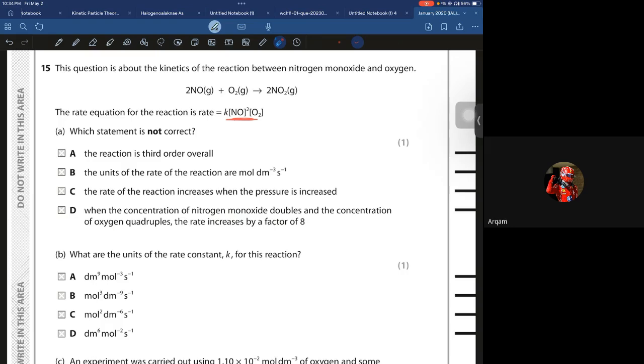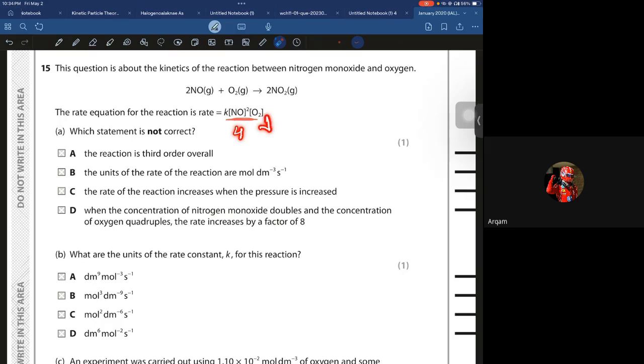Exactly. When you increase the concentration of NO by 2, it would be 2 into 2, that would be 4. And you increase the concentration of oxygen by quadruple.